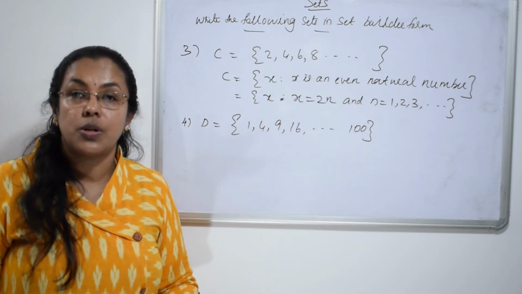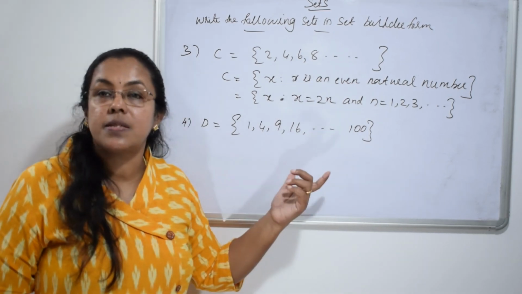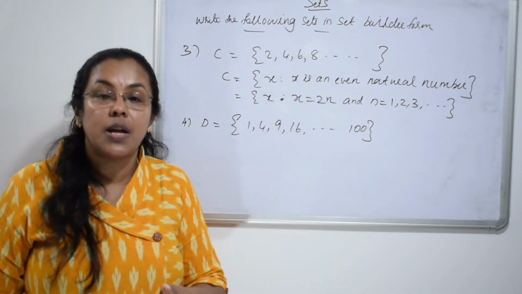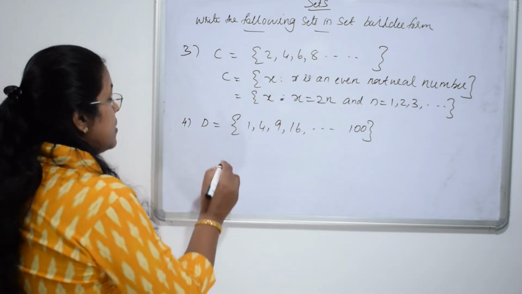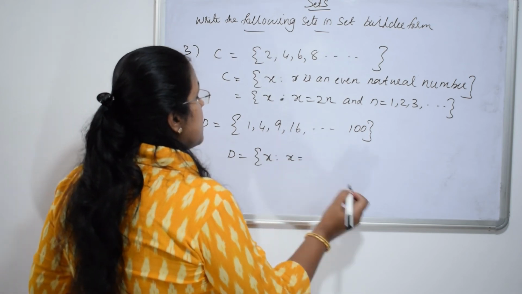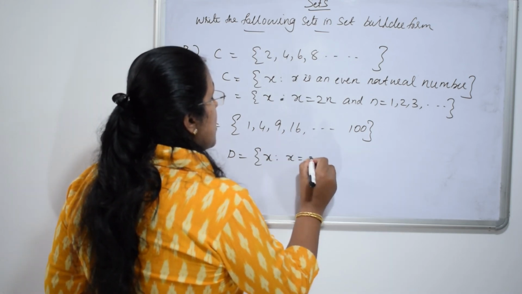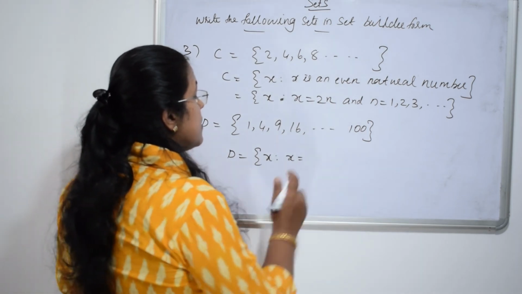Squares of natural numbers. So, we can write it in two ways. X such that x is the square of a natural number less than 101, or x such that x is equal to n square.